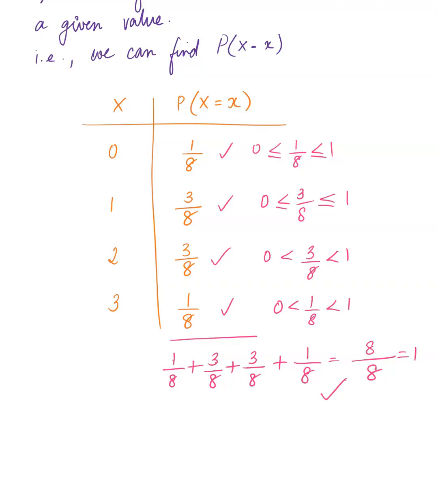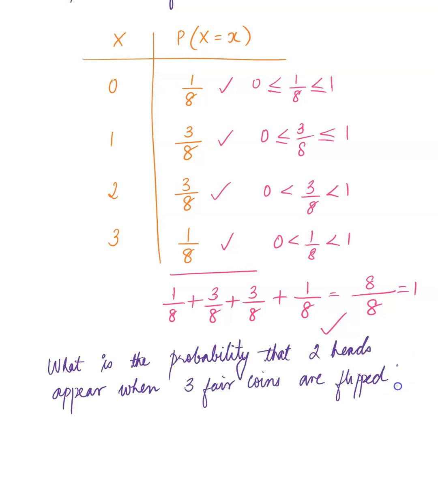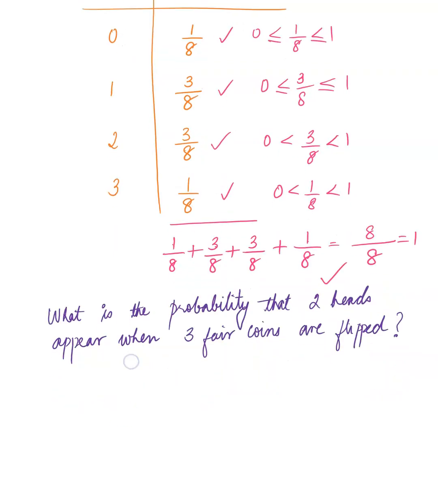Once we have these 2, we can spin a problem around this. If I ask, what is the probability that 2 heads appear when 3 fair coins are flipped? The way you write this in statistics is P of x equals 2.